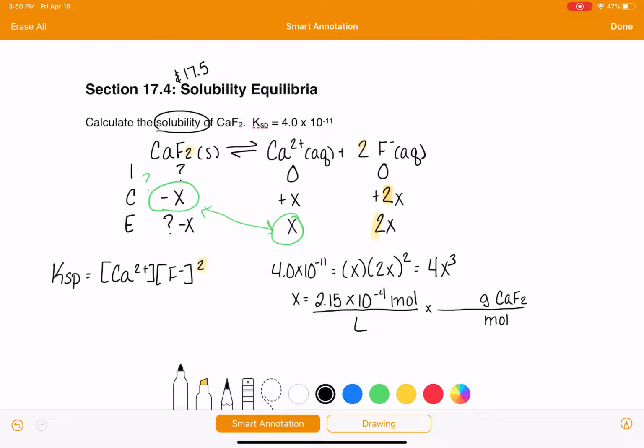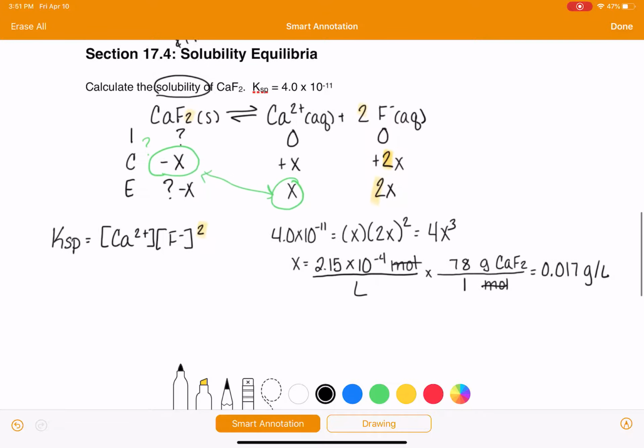So I am going to look up the CaF2 molecular weight, and it is 78 grams per mole. And I am now going to multiply. Our mole units cancel out, and we end up with 0.017 grams per liter.